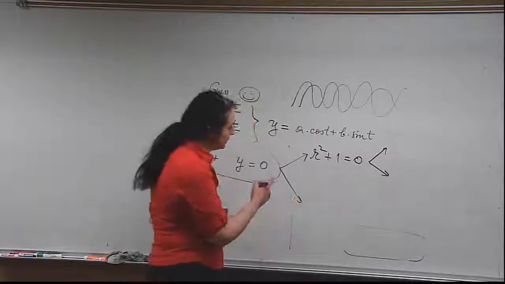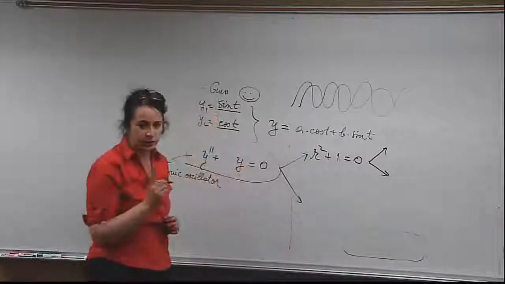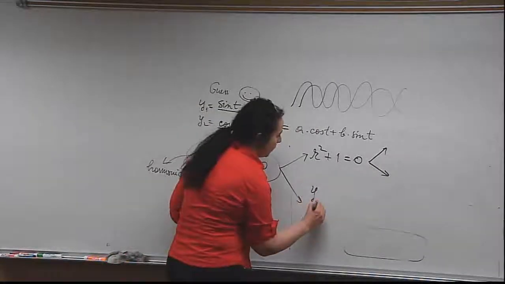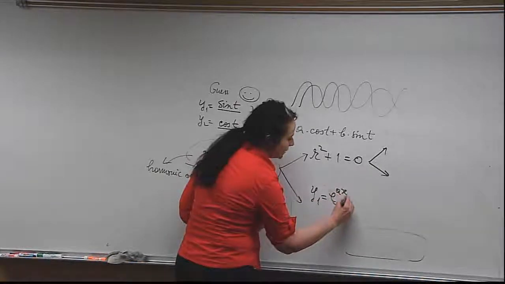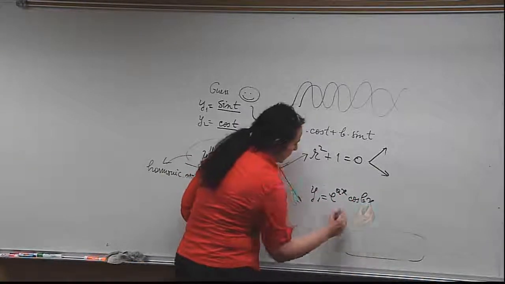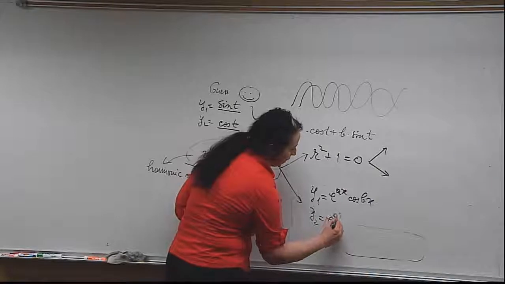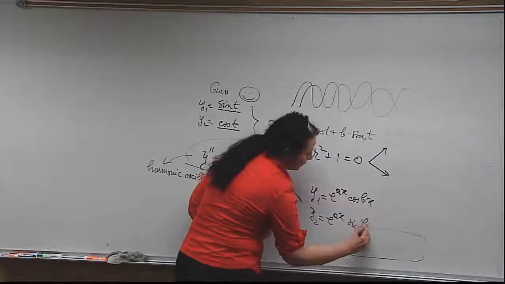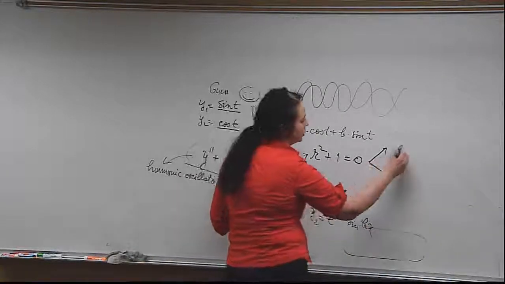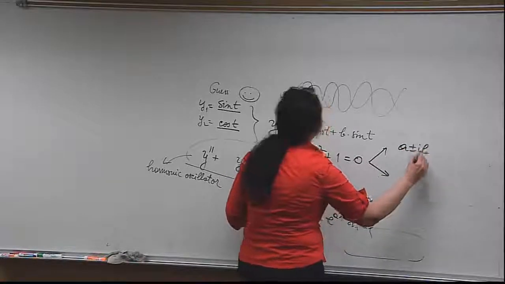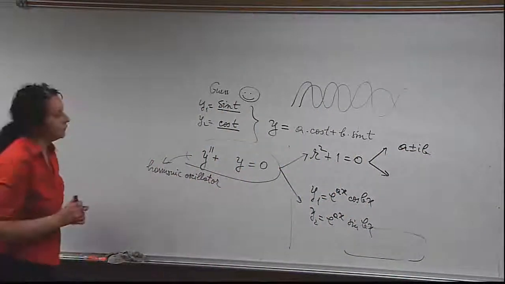Because the theory in this case says if your solutions are imaginary, then y1 will be e to the ax cosine bx, and y2 will be e to the ax sine bx, where your imaginary solutions are a plus minus ib. It has a lot to do with Euler's formula in a way.